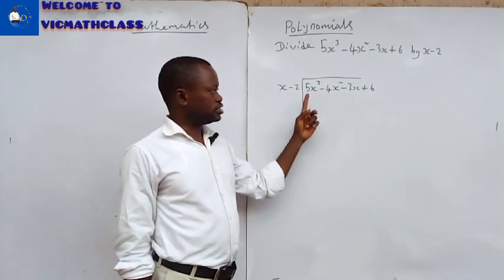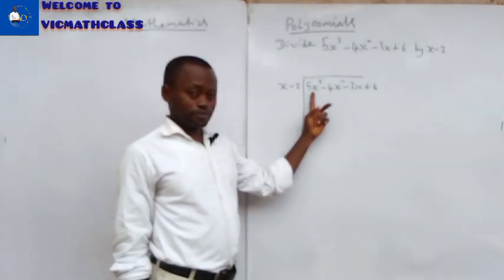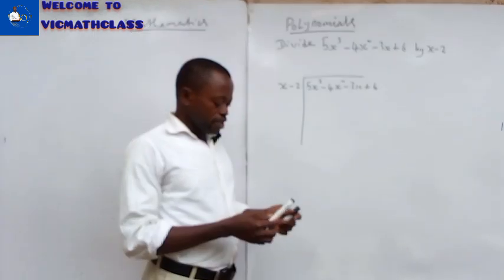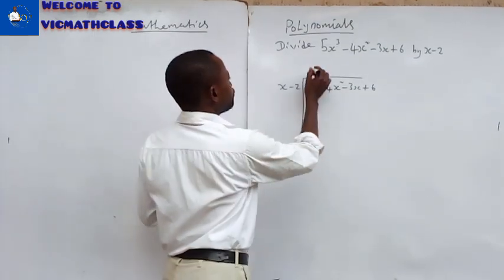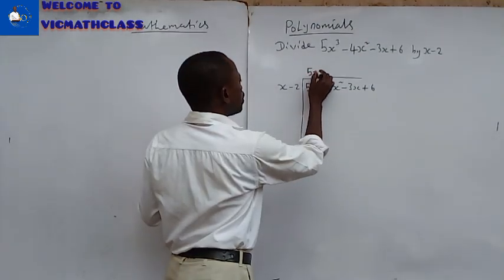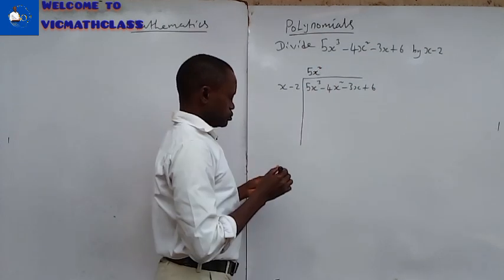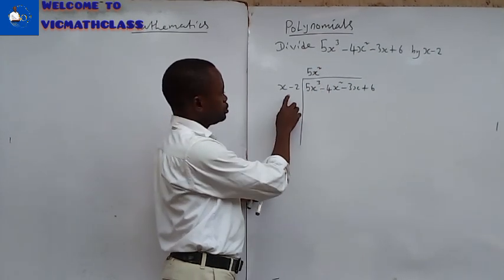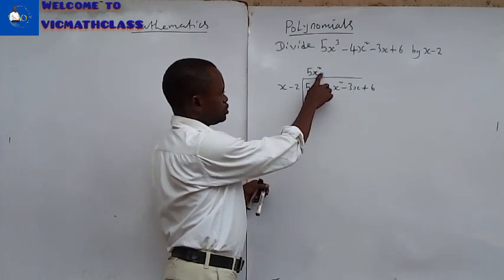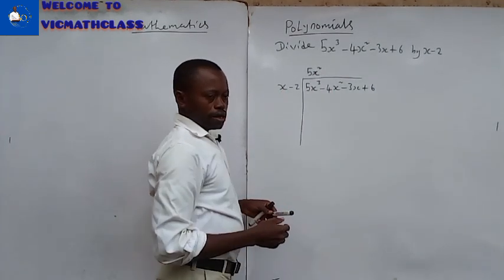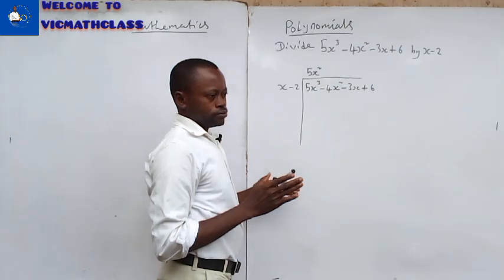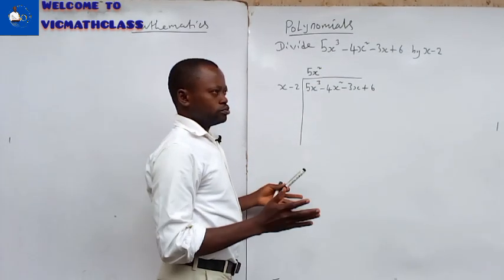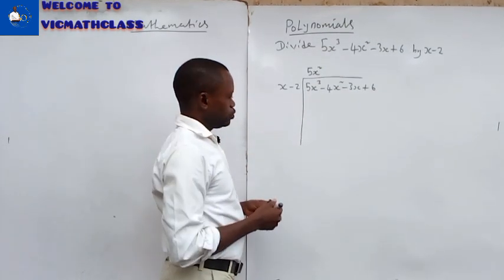This x divide this, the first term there, it will give us 5x squared. This is x raised to power 3. I will not just assume that everybody there knew what I'm talking about.